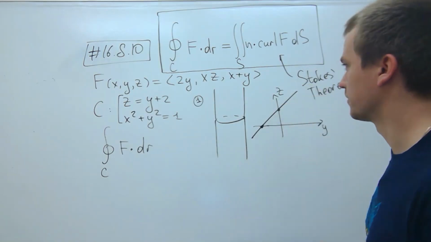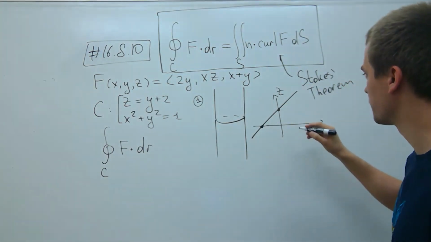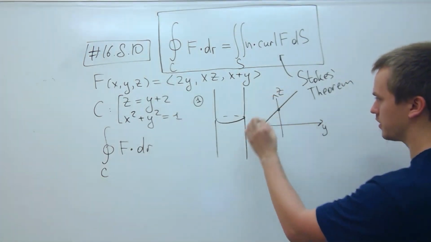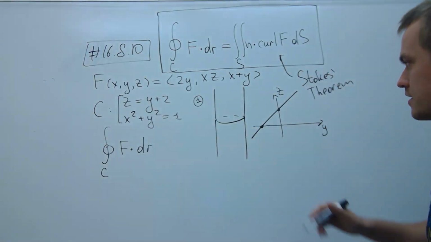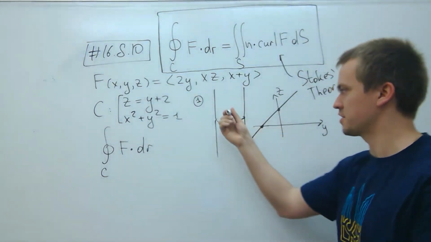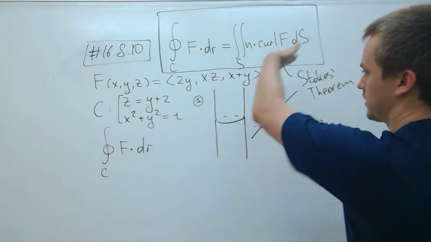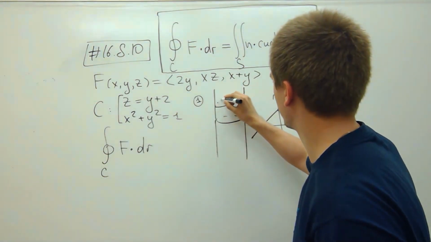So we have this line. Since there is no x component, you just take this line and trace it along the x-axis. If your x-axis goes in this direction, then you will have the plane intersect the cylinder like this. So you can see that your curve is going to look something like this.